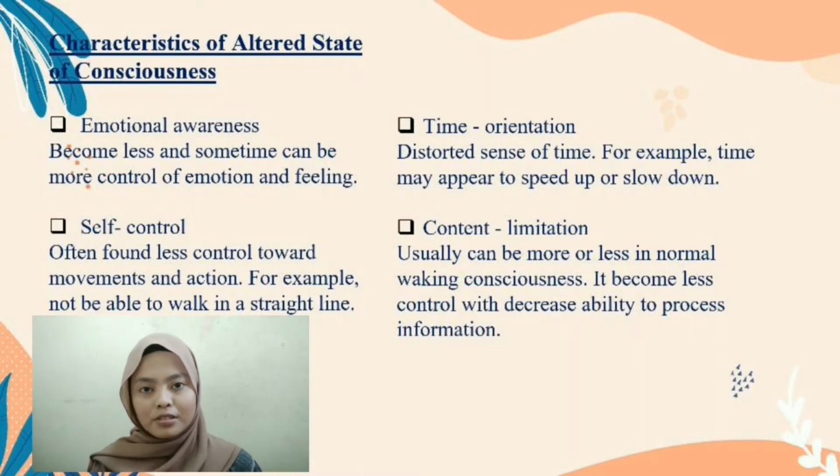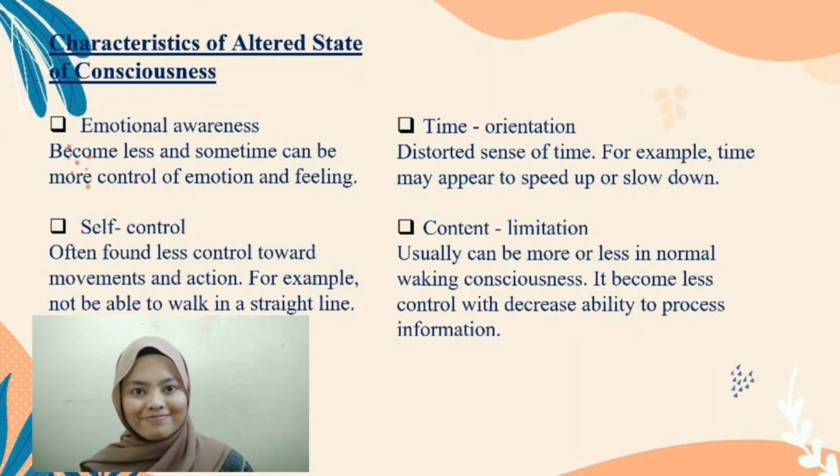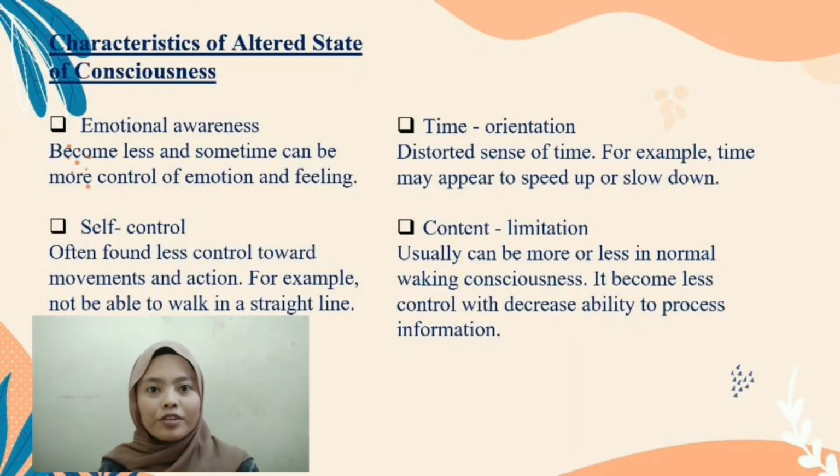For example, not being able to walk in a straight line. Next is time orientation. During an altered state of consciousness, time tends to be experienced at a different speed. For example, time may appear to speed up or slow down. Last but not least, content limitation is also one of the characteristics of an altered state of consciousness.